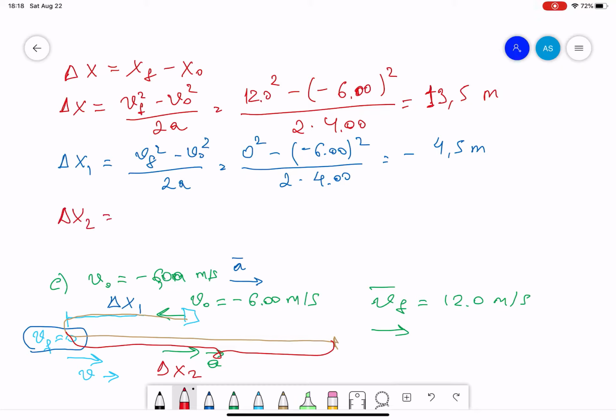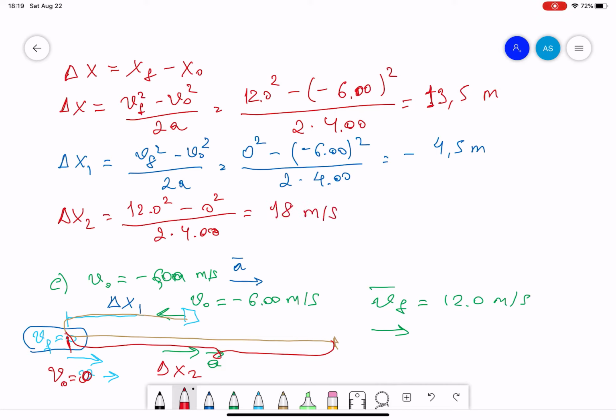Now let's find delta x2. When it stopped here, we had another v initial which is equal to 0, right? However, our final velocity was 12 meters per second. So 12 squared minus 0 squared, divided by 2 times 4 meters per second squared. If you do the calculation, delta x2 is 12 squared divided by 8, so you should get 18 meters.